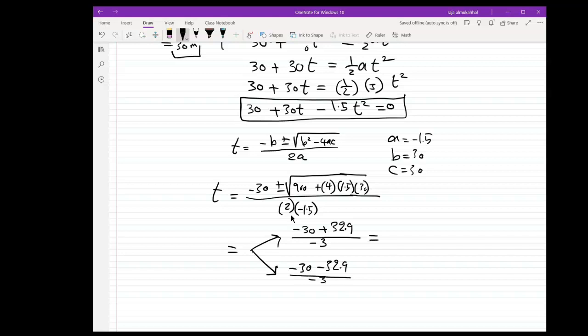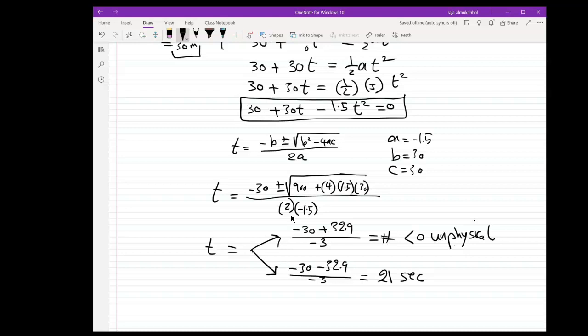The first one will give you some number that is less than 0, which we call unphysical. There is no such thing as negative time. You get that? Unphysical. And the second one here, you're going to get a nice positive number, 21 seconds.